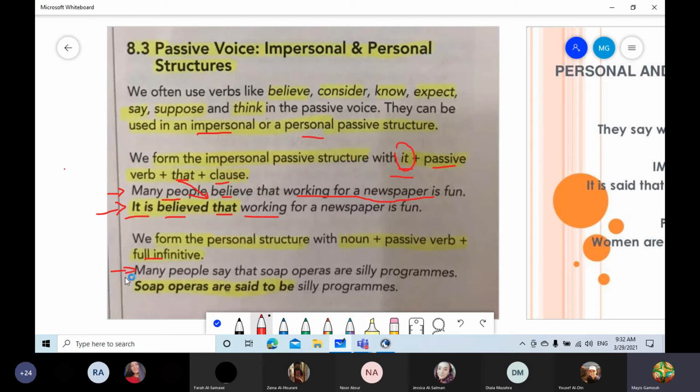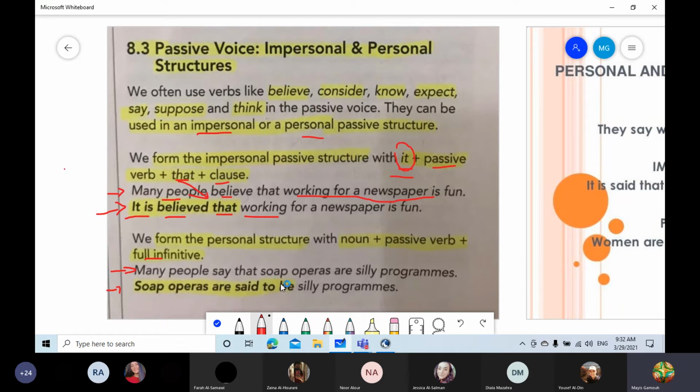Here I have my active sentence, which is many people say that soap operas are silly programs. Let us change it into a passive voice sentence, a personal passive voice sentence.